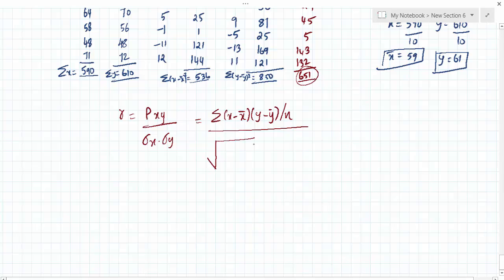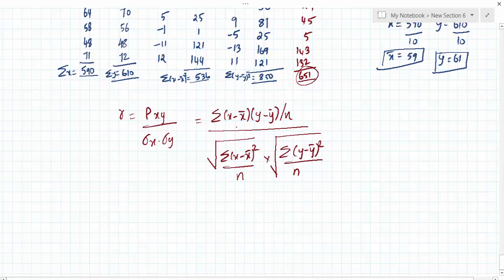And how do you find the standard deviation of x? It is the square root of summation of x minus x bar square by n, into the square root of summation of y minus y bar square by n.